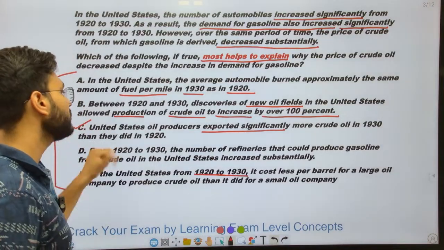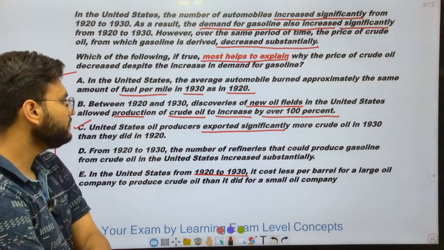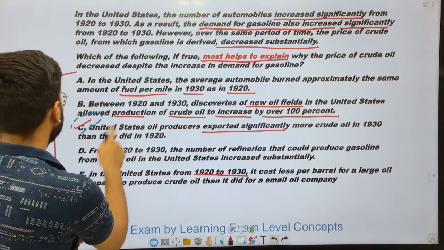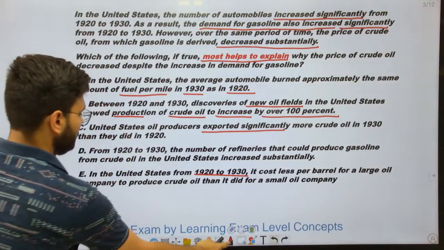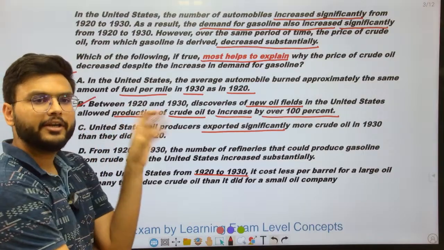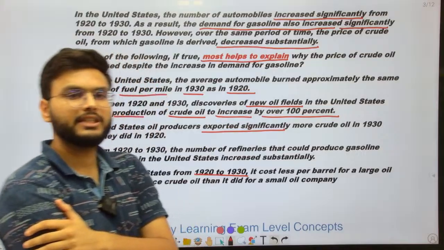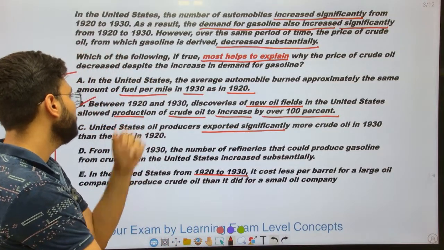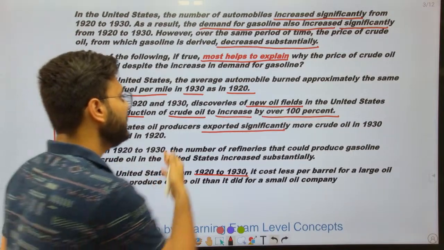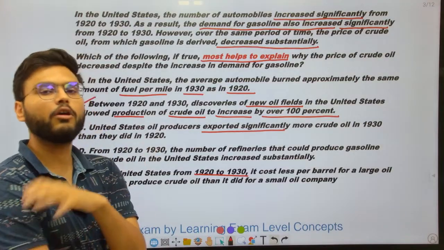There is only one choice, C, which tells me that there was... not C, sorry, this was B. Yeah, B: in 1920 to 1930, what happened? New oil fields in the United States allowed production of crude oil, and then the production just increased by over 100%. It means more than double or almost doubled.